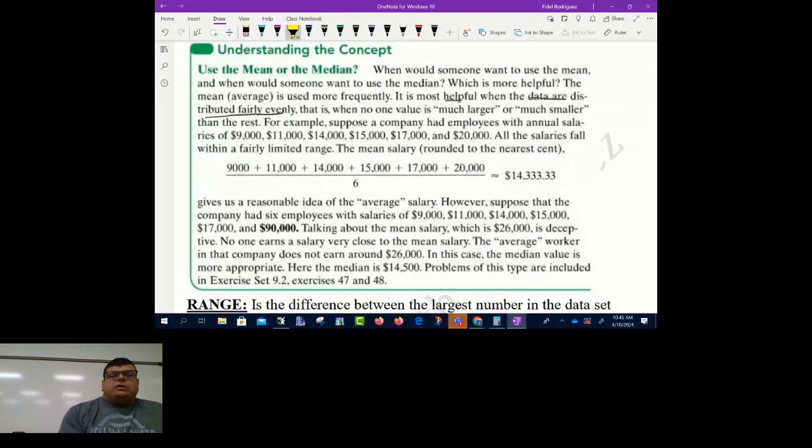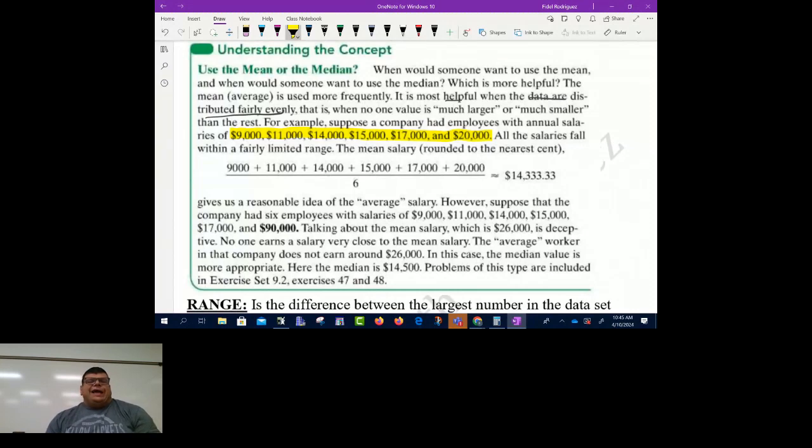Okay, so let's take a look here. Suppose we had some people, and these were their salaries. Okay, these were their average salaries. 9,000, 11,000, 14,000, 15,000, 17,000, 20,000. There's a little bit of difference between some of those numbers, right? Like the smallest one is 9, the biggest one is 20. That's like a difference of 11,000, right?